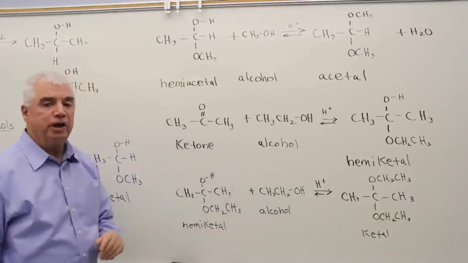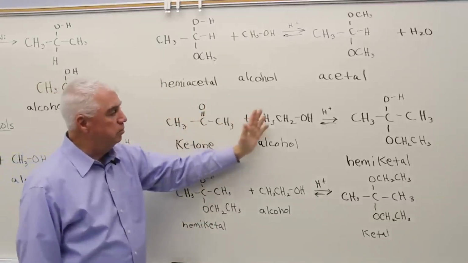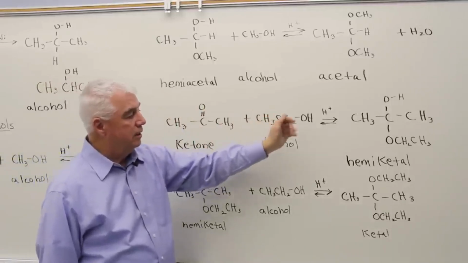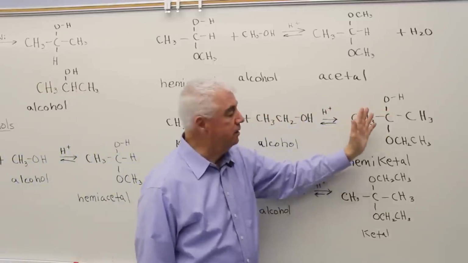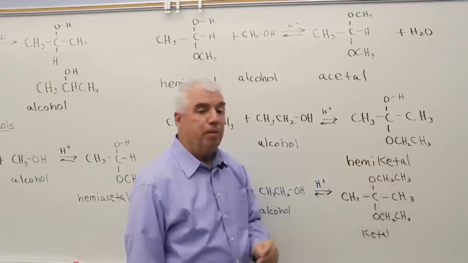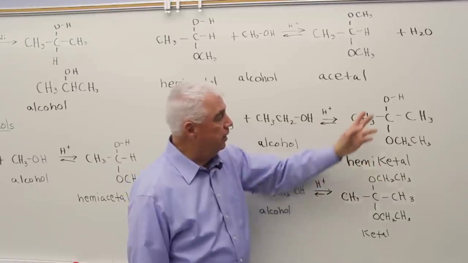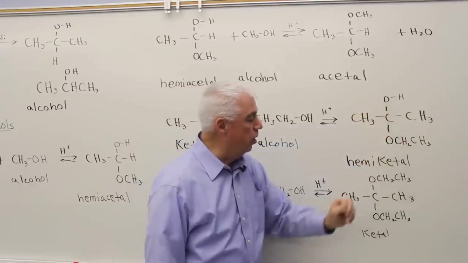Well, ketones can do this exact same thing. We've got a ketone plus an alcohol to give us a hemi product. This time we call it a hemiketal, the K reminding us that the ketone was a starting material. An OH with an OR.